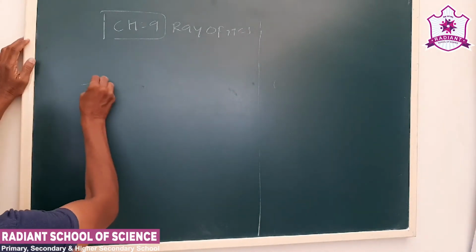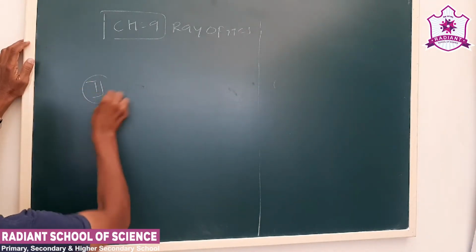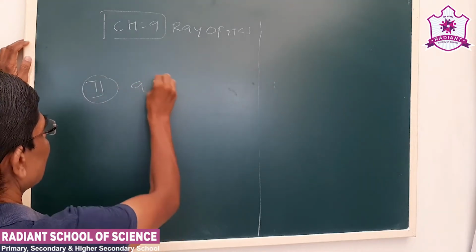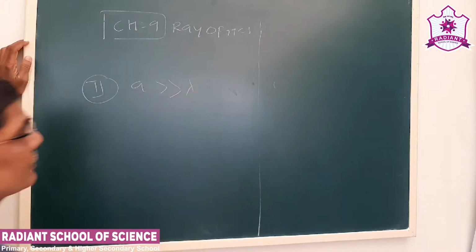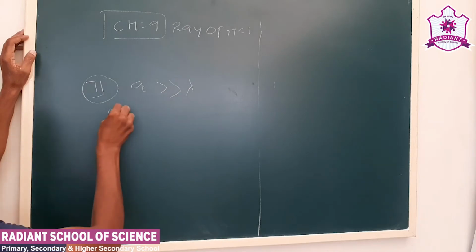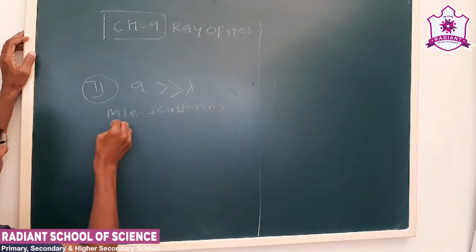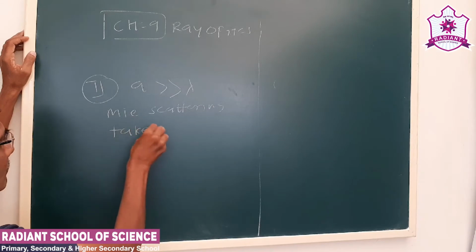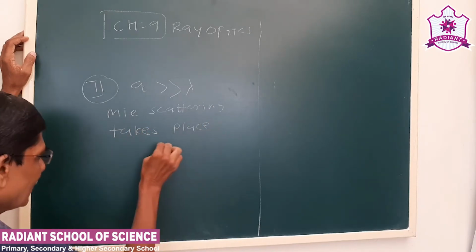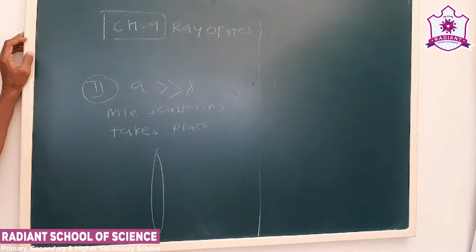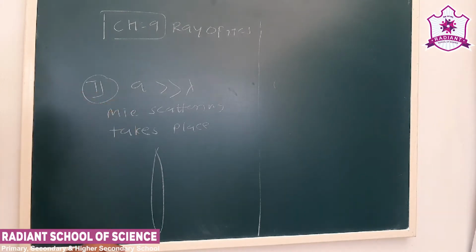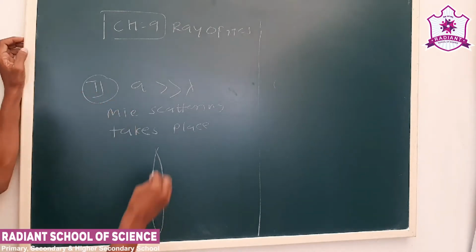Now secondly, when a is large compared to lambda, Mie scattering takes place. Now see, a is the dimension of the atmospheric particle.